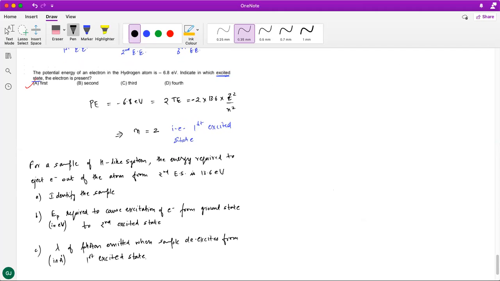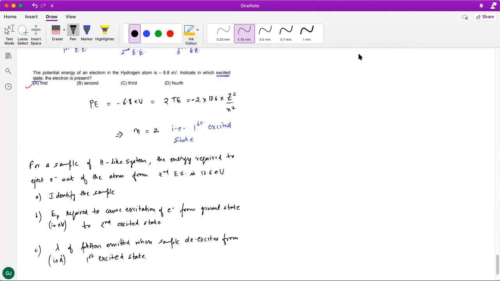Now it is a hydrogen atom, so z is 1, and from that you got n equal to 2 as the orbit number. Correct? Now don't be in a rush to answer option B, because the question is asking in which excited state the electron is present. So n equal to 2 is the first excited state. Understood? Gaurav, you also have your hand raised? No sir, it's the previous one. Okay.